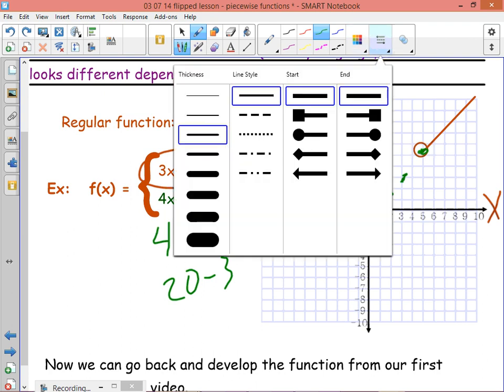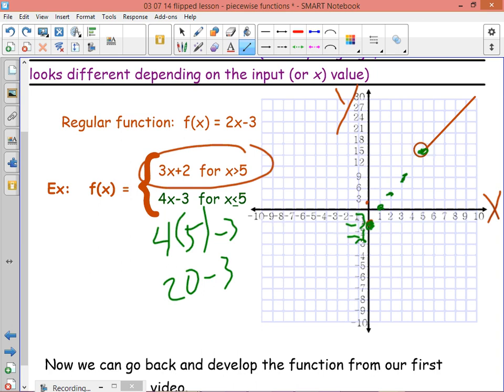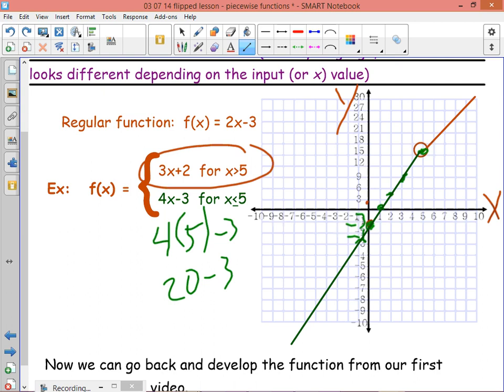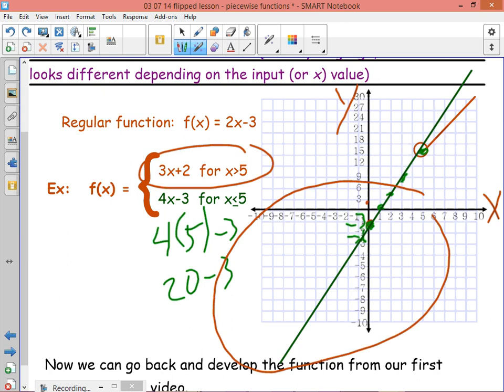I did. Okay, so now I'm going to do the same thing. I'm going to draw a line that matches that, which would be right there. But notice what I know. I know that this is only for the values of x that are less than or equal to 5.